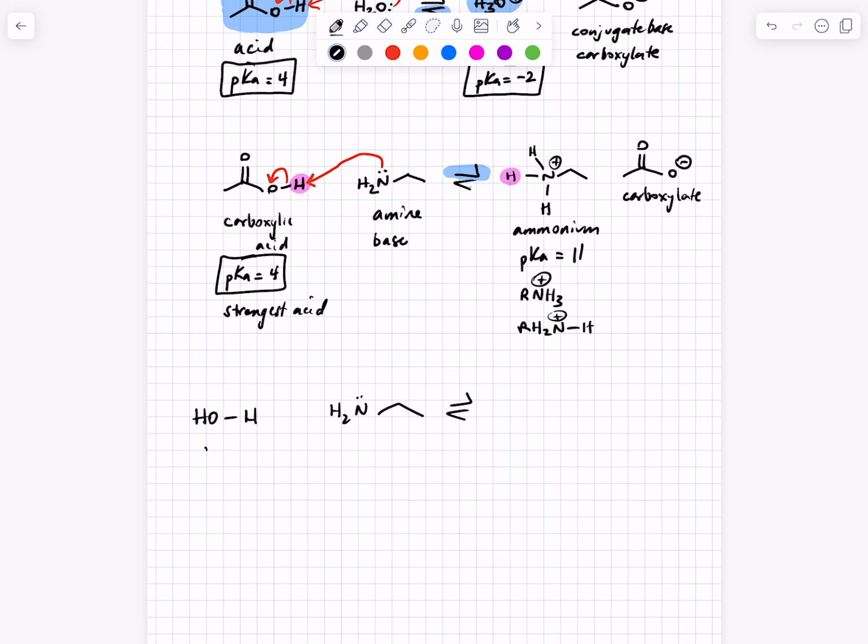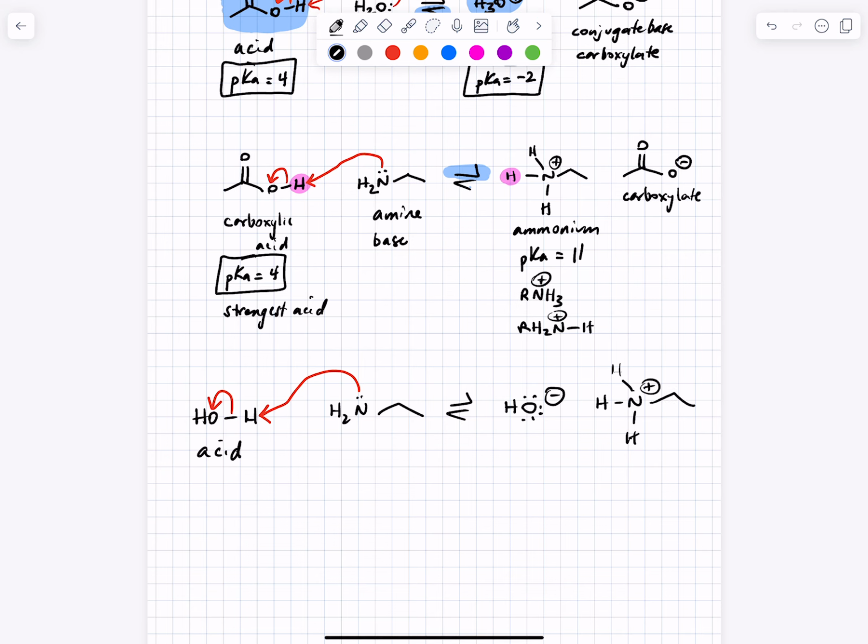Well, if water were to act as an acid, that means the lone pairs on the base would attack a proton and remove it from water. The conjugate base of water would be OH minus, hydroxide. And then the conjugate acid of the amine base would again be this ammonium ion.